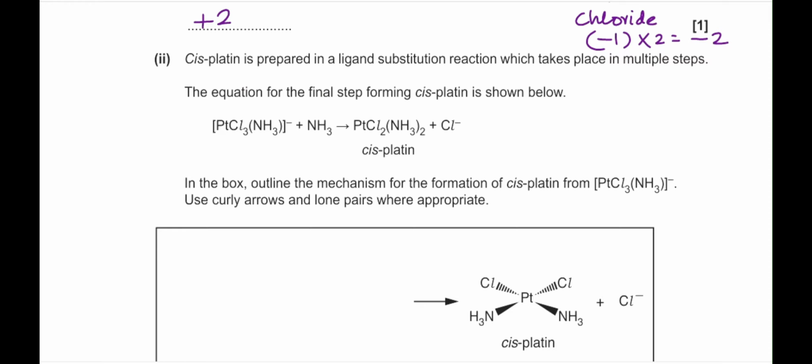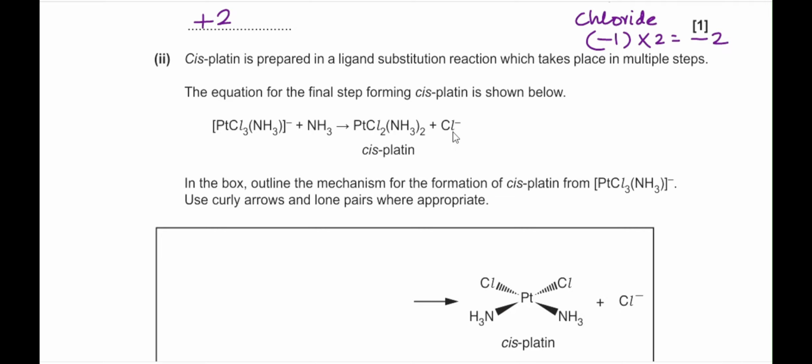Part 2. Cisplatin is prepared in a ligand substitution reaction which takes place in multiple steps. The equation for the final step forming cisplatin is shown below. [PtCl3NH3]- reacts with one more molecule of NH3 to give you PtCl2(NH3)2 plus chloride ion. In the box, outline the mechanism for the formation of cisplatin from [PtCl3NH3]-.